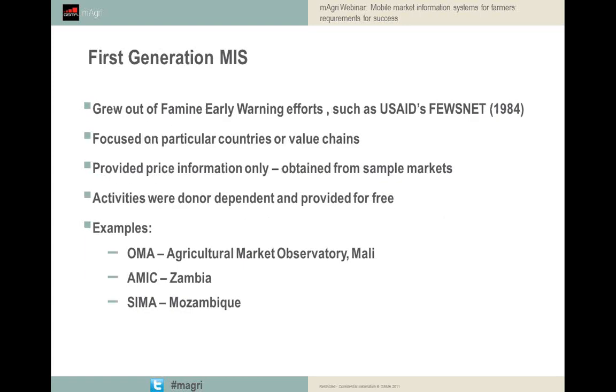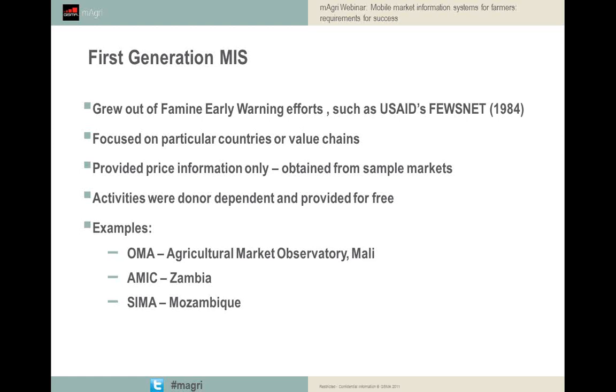The first generation of MIS was created in the context of trade liberalization and the withdrawal of governments in Africa from price fixing and from agricultural market activities. It grew out of activities such as the famine early warning systems like USAID's FEWS NET, which was founded in 1984.